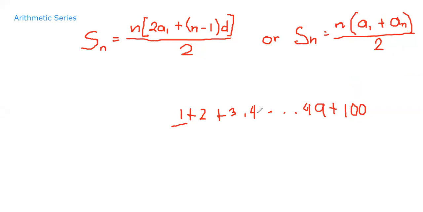Then, may n tayo. Ano yung value ng n natin diyan? Kung ilan lahat yung term, diba? So, mula sa 1 hanggang sa 100, sa tingin nyo, ilan lahat yung term niya?